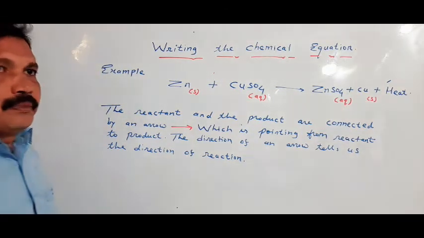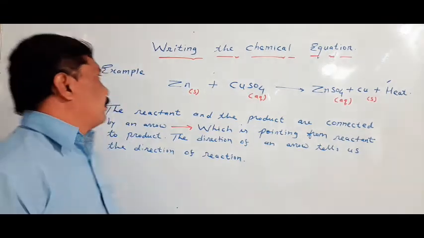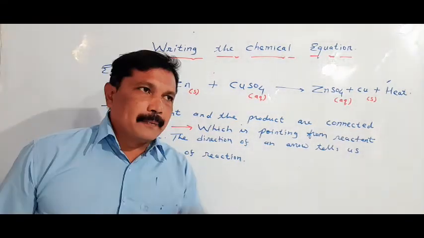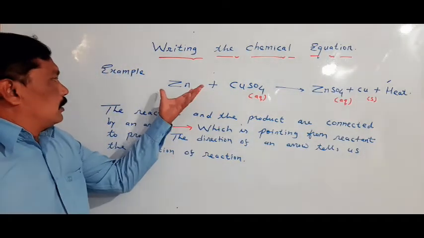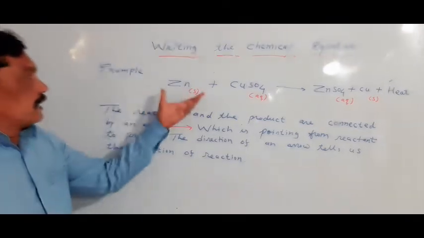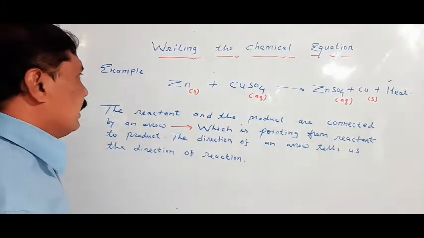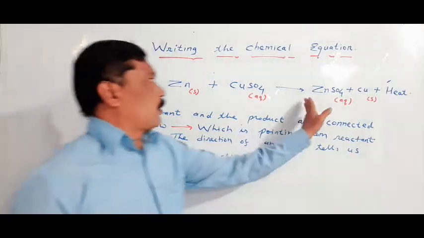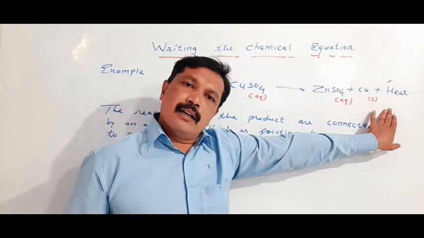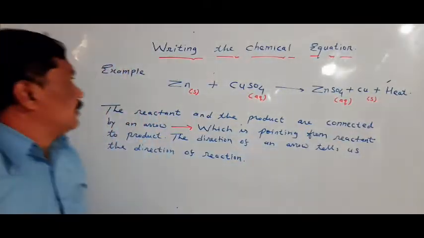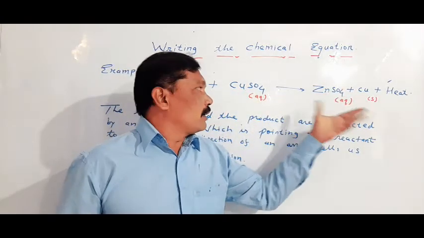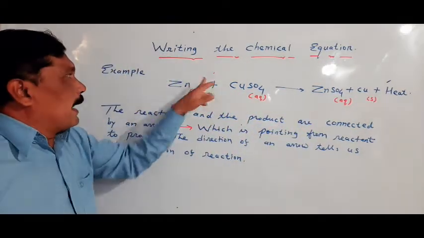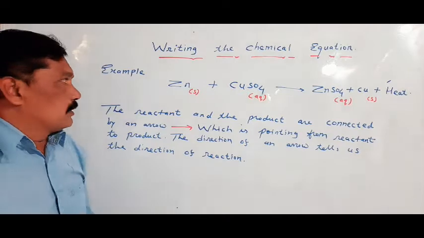My dear student, while writing chemical equation, we have to consider certain points. The reactants are written at the left hand side and the products are written at the right hand side. Two or more reactants or two or more products are separated by plus sign.